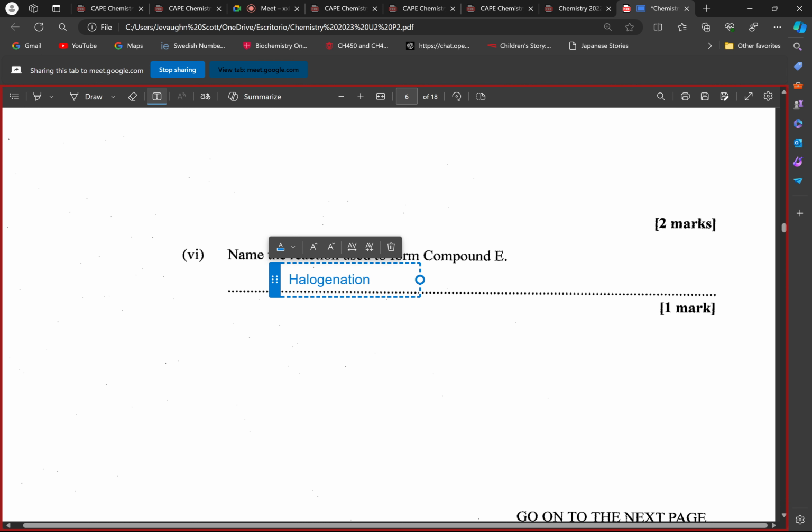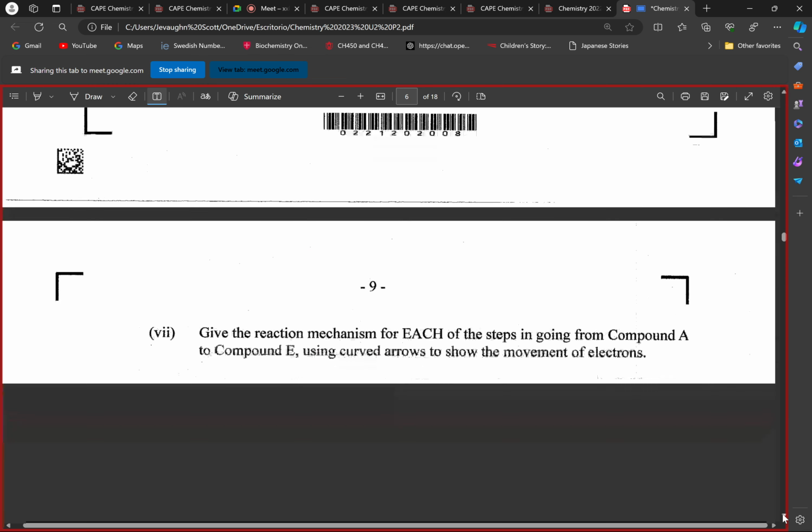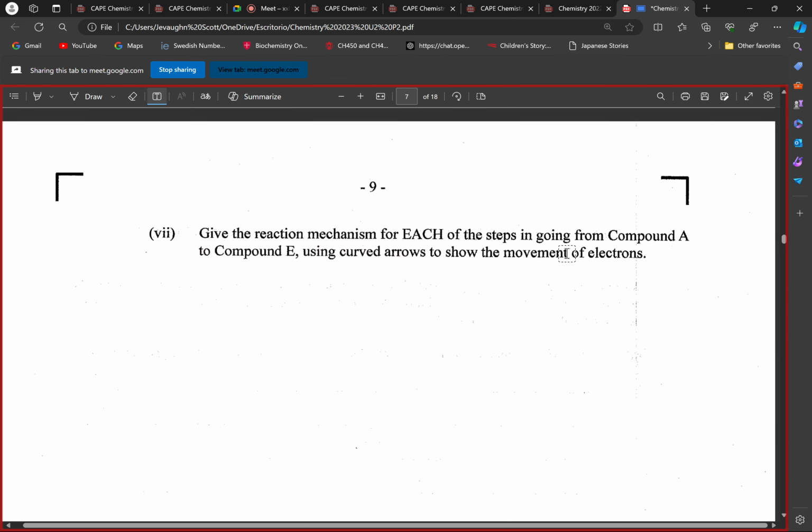You could cite the halogenation of alkanes. The mechanism is the electrophilic addition. Now you're going to give the reaction mechanism for the reaction that we looked at above.